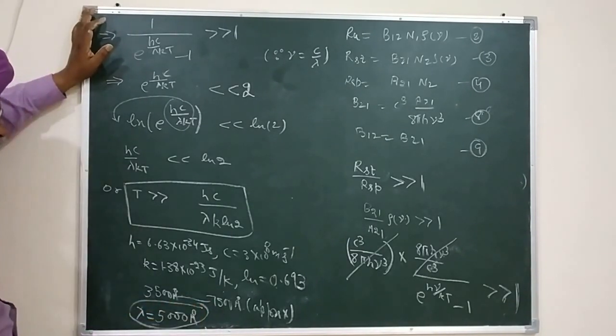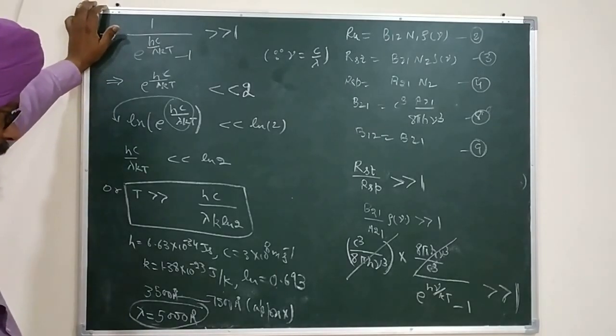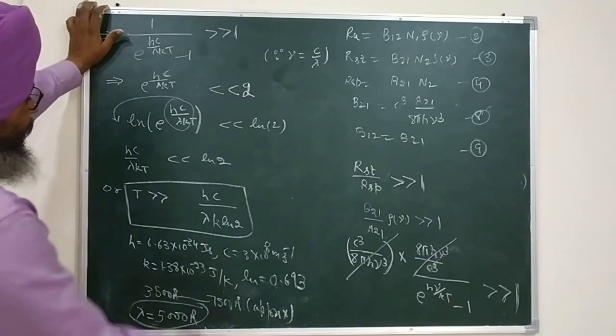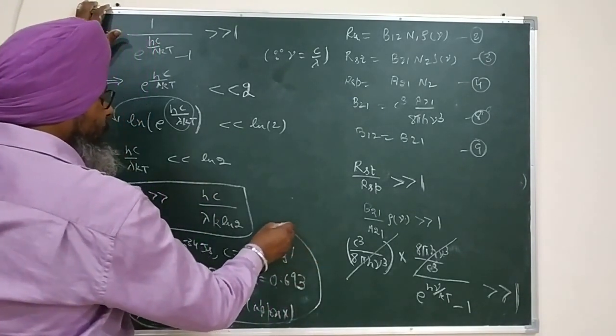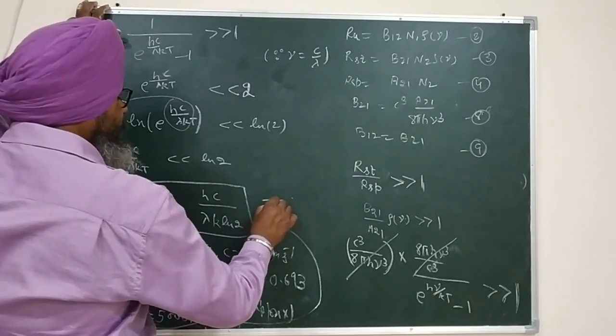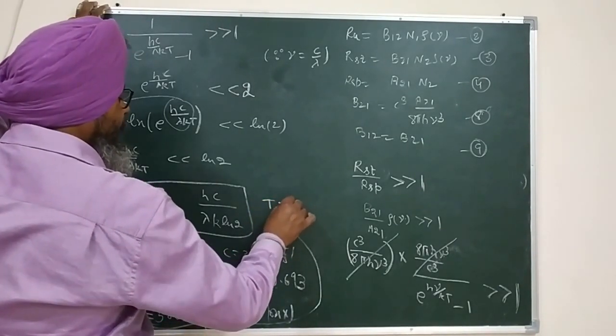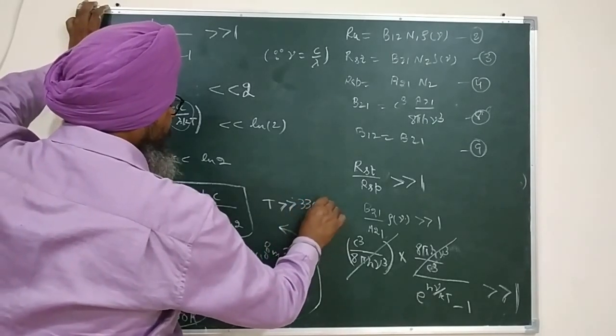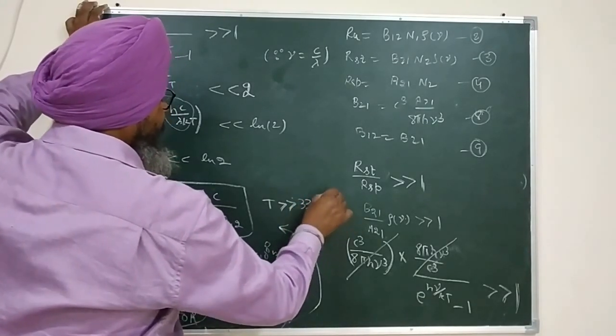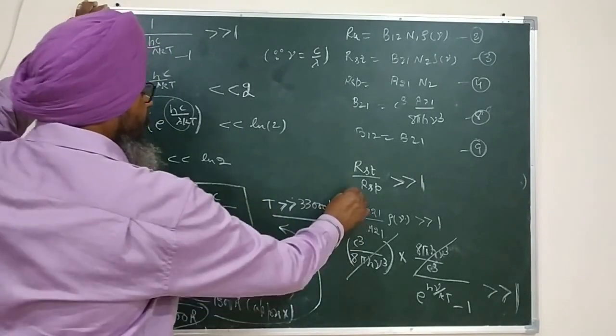You can make the calculations for different wavelengths also. So if you put all these values here, and put lambda is equal to 5000, you can very easily see that temperature must be greater than 33,000 Kelvin.